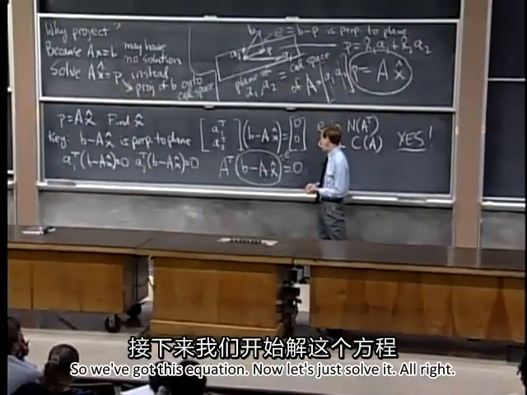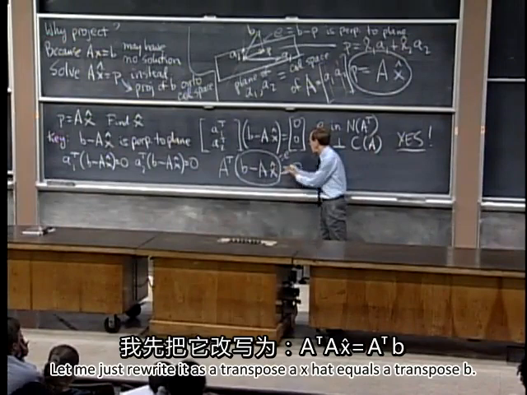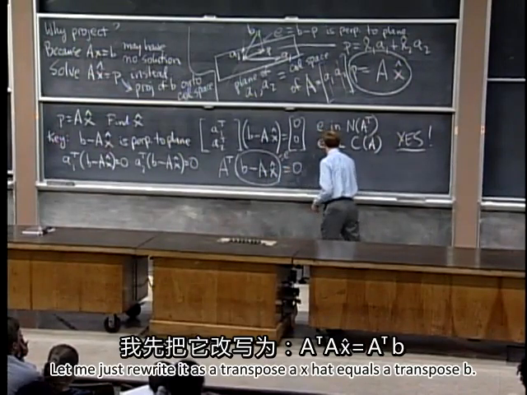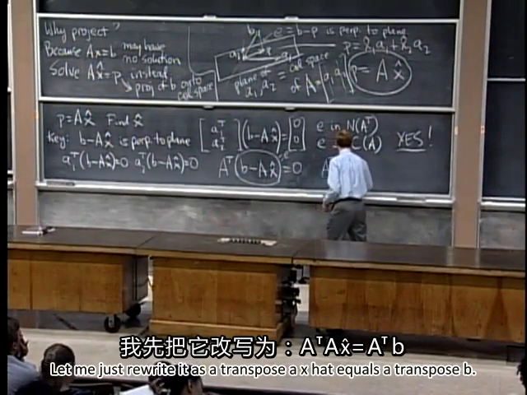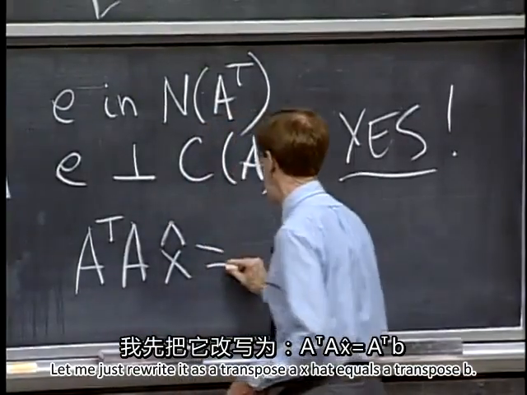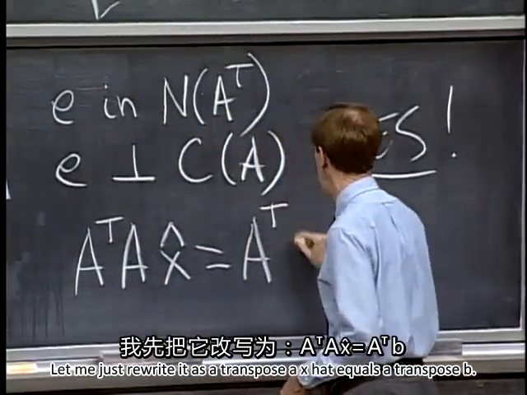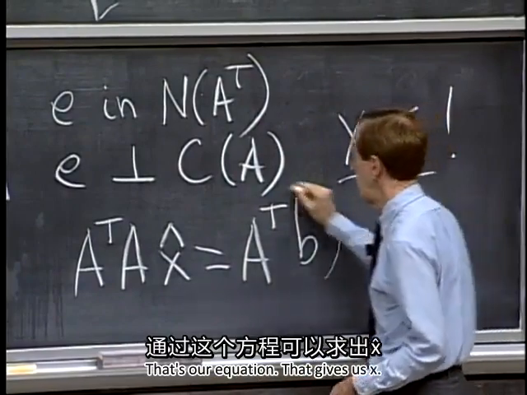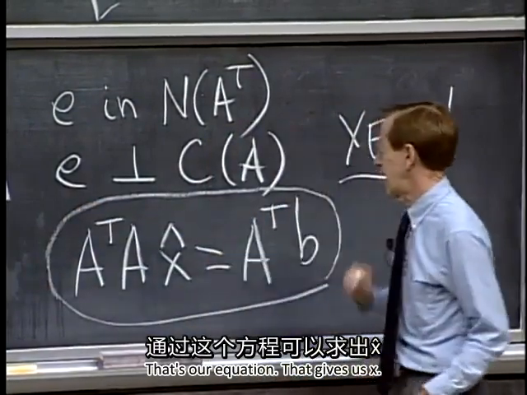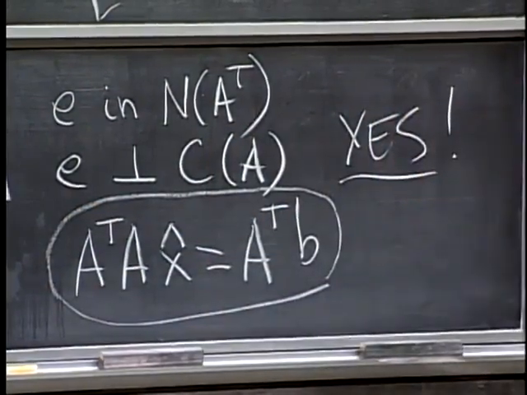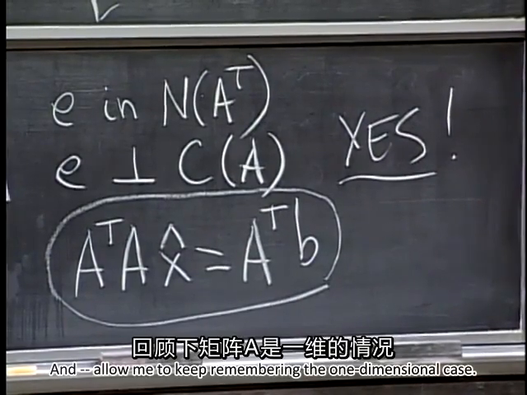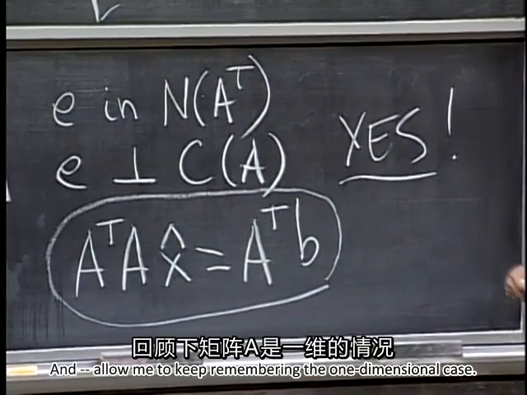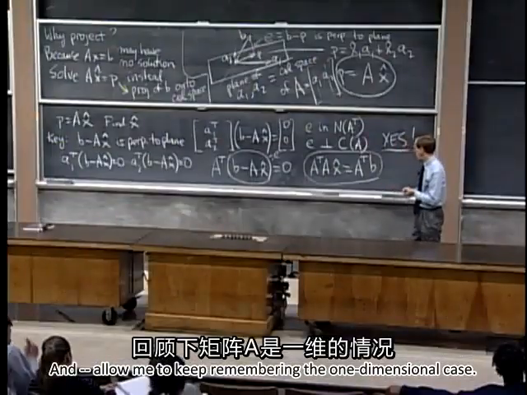Now let's just solve it. Let me rewrite it as A transpose A x hat equals A transpose B. That's our equation. That gives us x hat. And allow me to keep remembering the one-dimensional case.